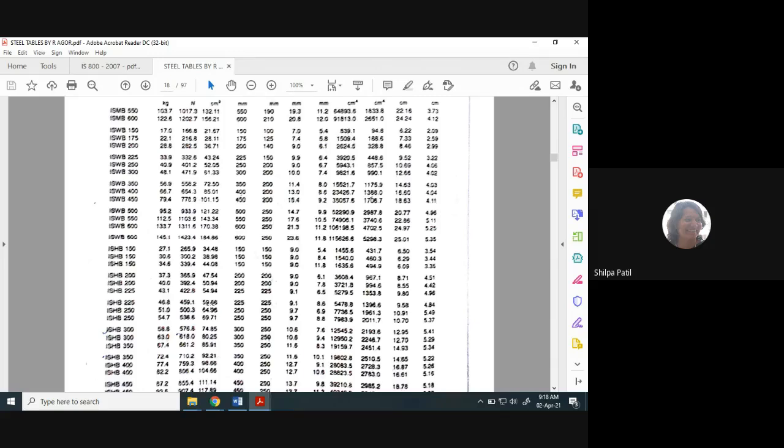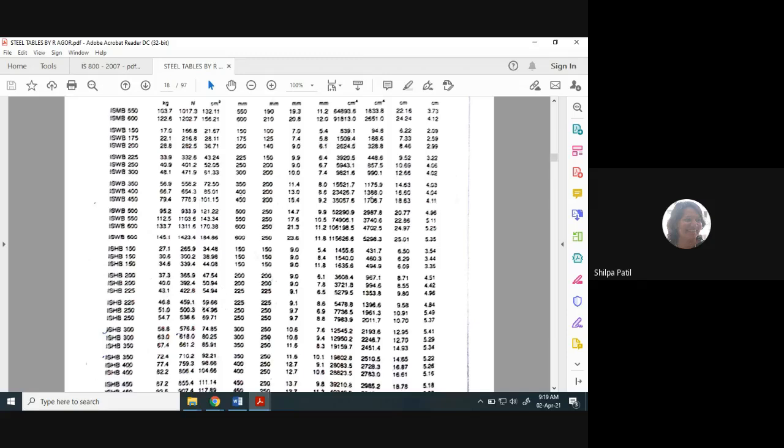If the length is higher, it is always better to select the section having more cross sectional area. In this steel table, ISHB 225 at 43.1 has an area of 54.94 centimeter square, and that also we can select. The second one has an area of 59.66 centimeter square, and that can also be selected.